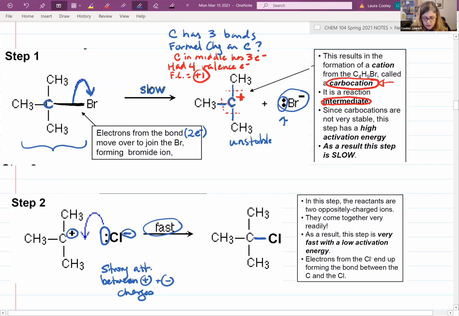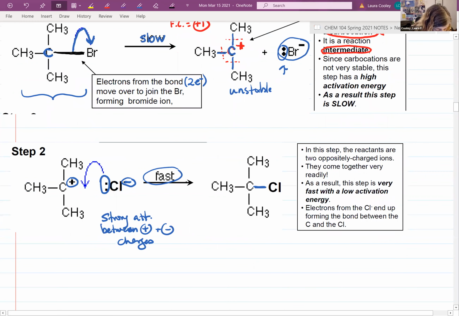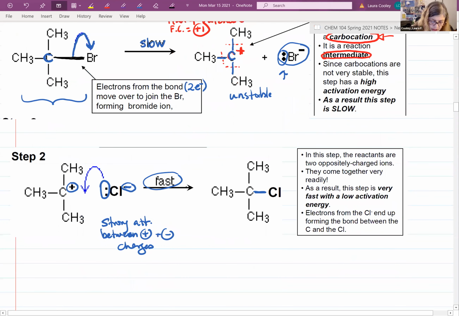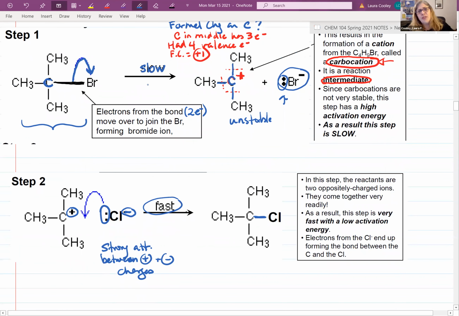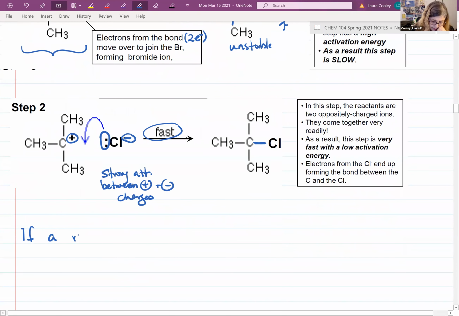So I can actually show you what the reaction profile of this molecule looks like. And the first step is very slow. When something is very slow, what do you know about the activation energy? If a reaction is slow, what must be true?